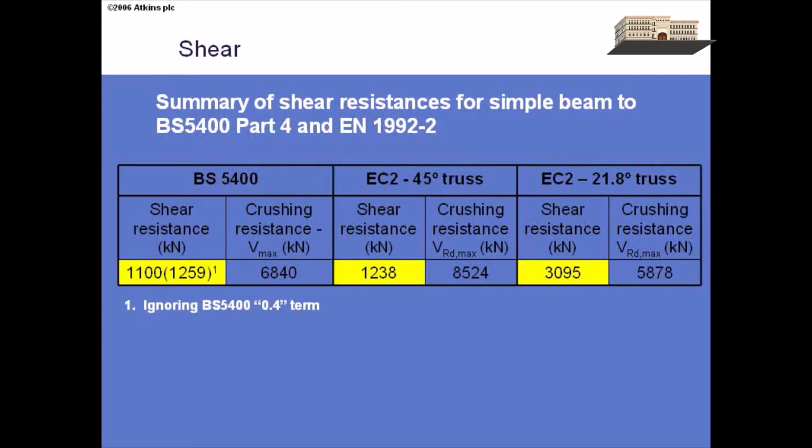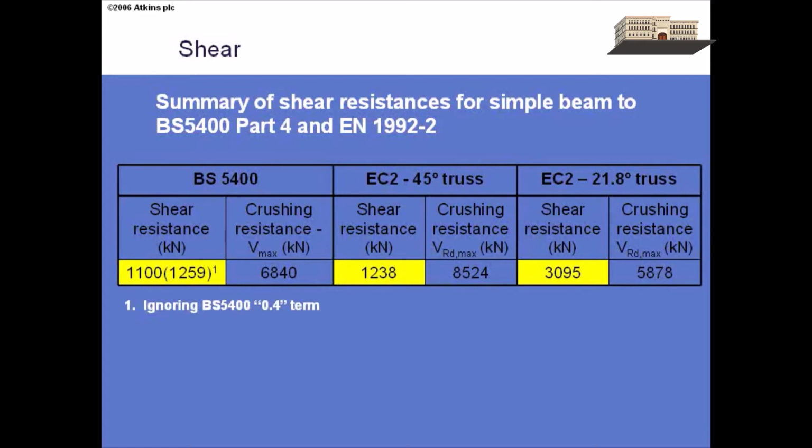If we now use the flattest truss angle, in this case 21.8 degrees, then we get 2.5 times more capacity out of the links than we would have done with the 45-degree angle. But the crushing resistance actually drops by having a flatter truss angle.